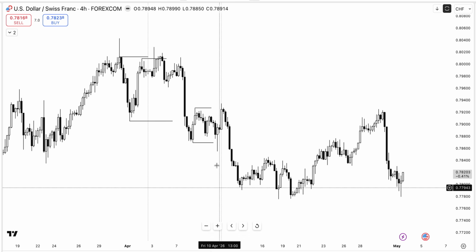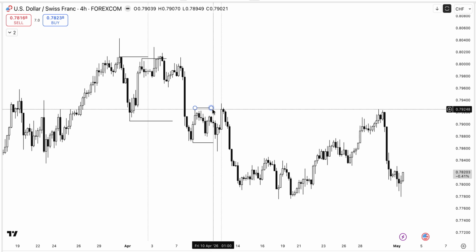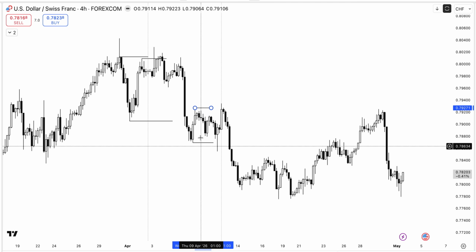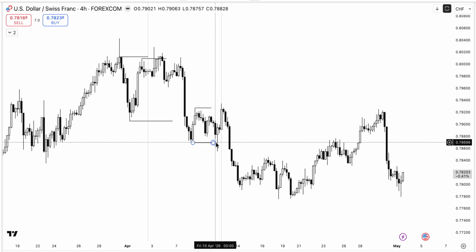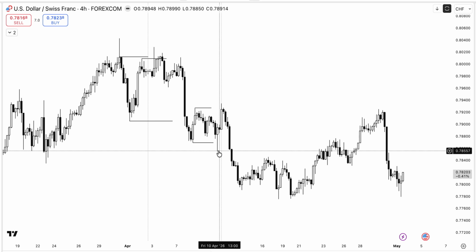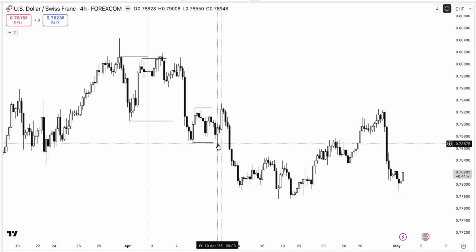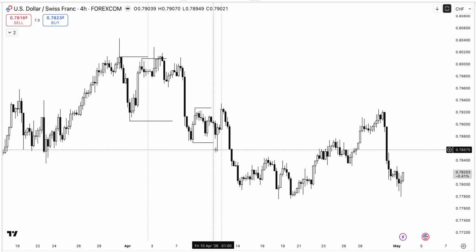This is even a new week opening, right? So we can see that price already has taken out, we wicked below this low right here, but failed to create a candle body break below this low, right?